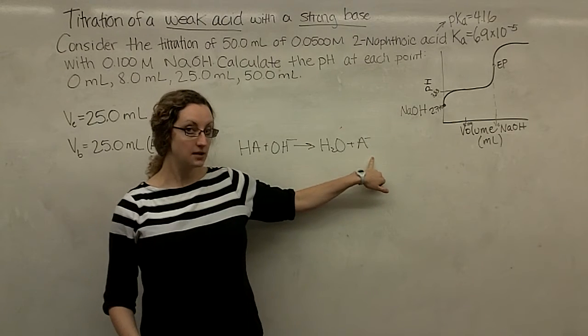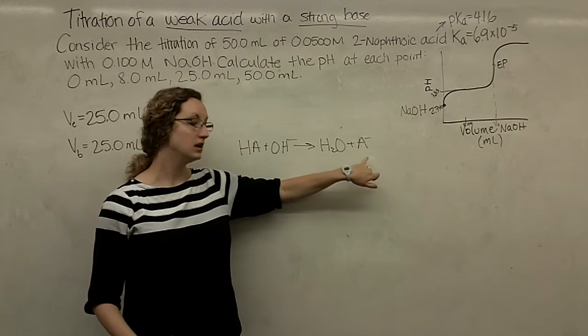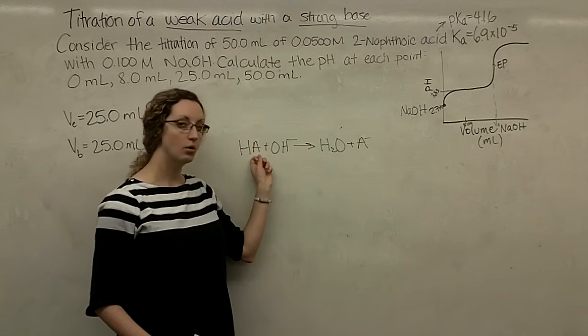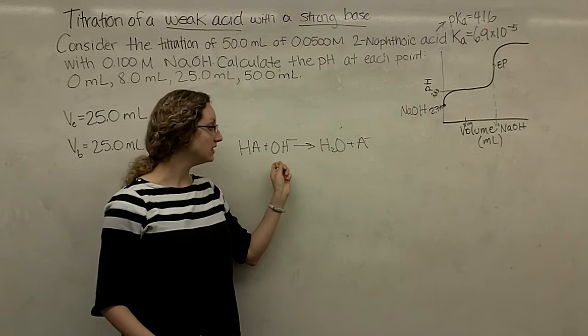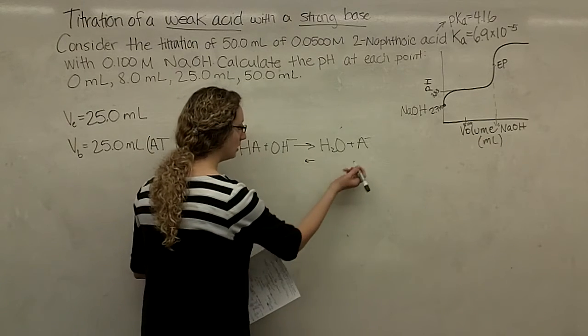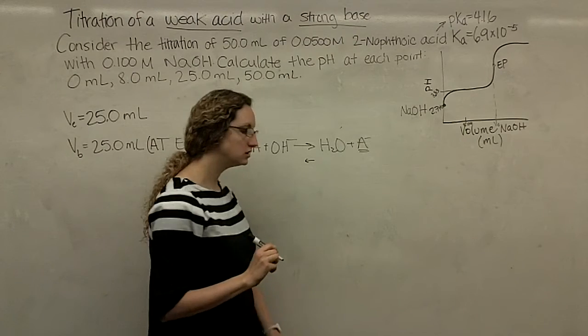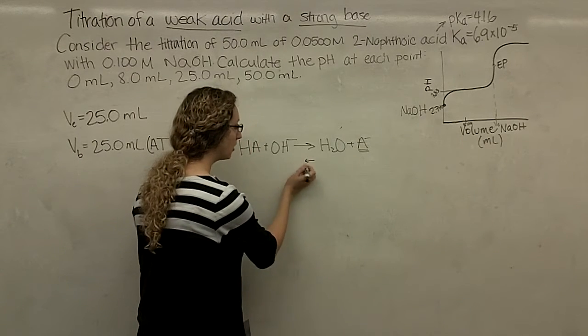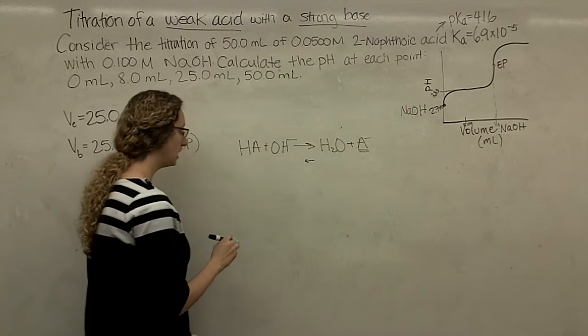So the conjugate base will form an equilibrium. Some of it will go back to form your weak acid, and that is because the HA is going to reach an equilibrium, and you're going to have a little bit that goes back to form your HA.